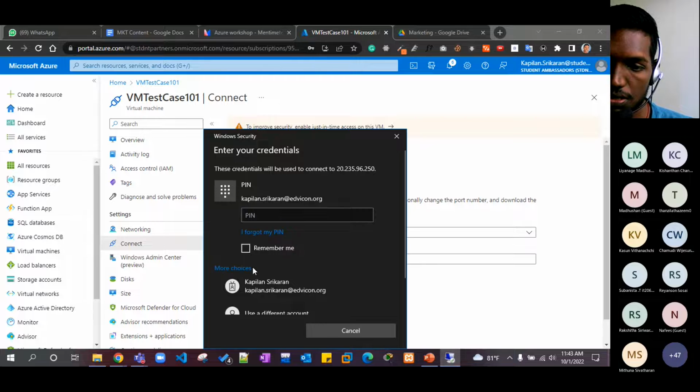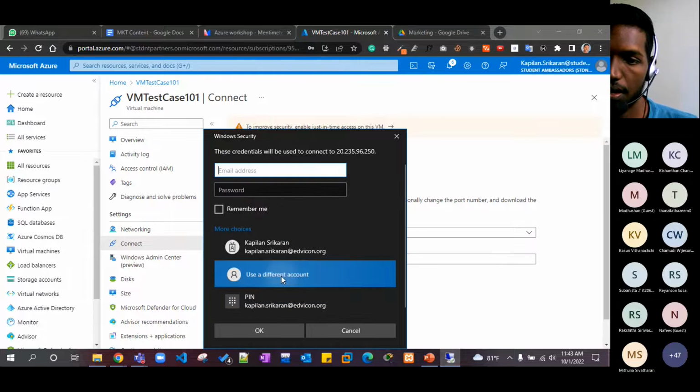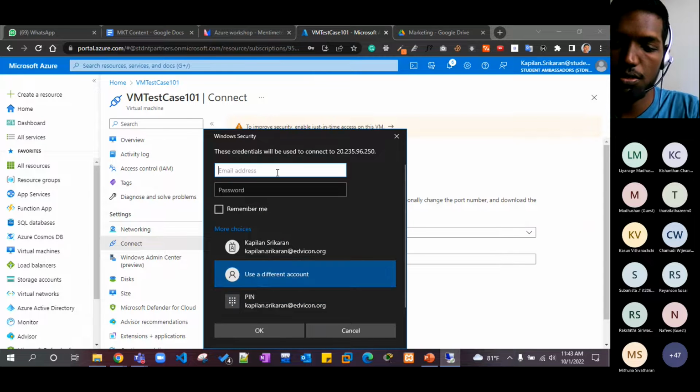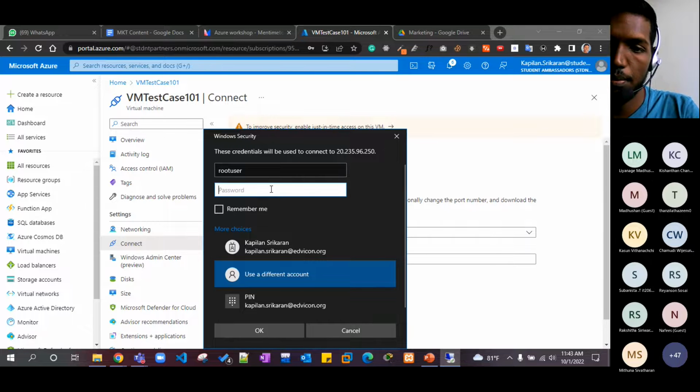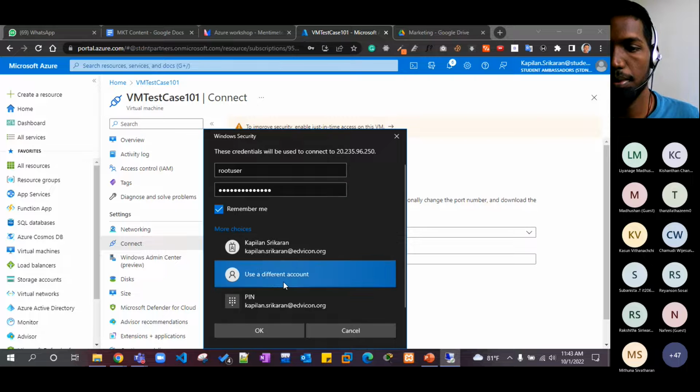And here you can choose a different account. I am using the root user, and the password that I remember.